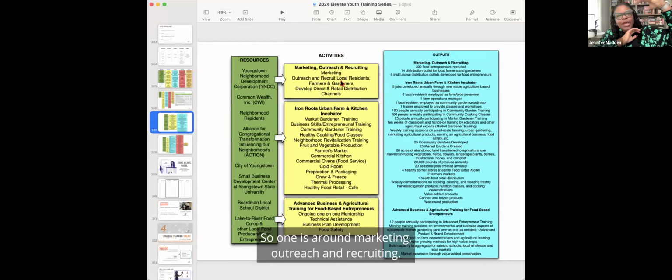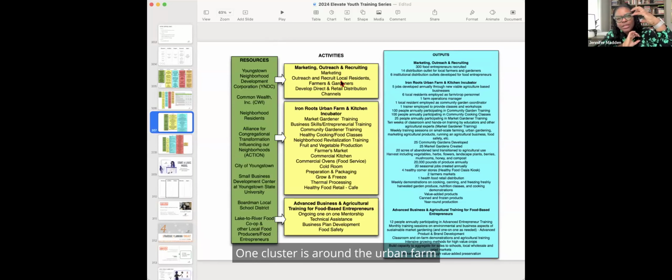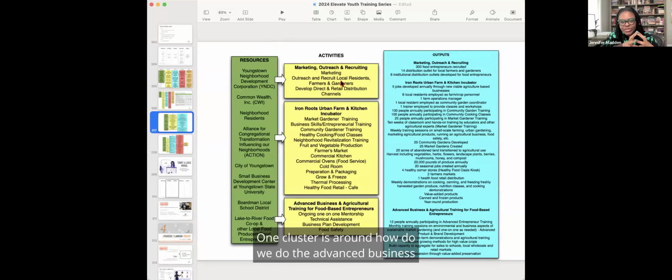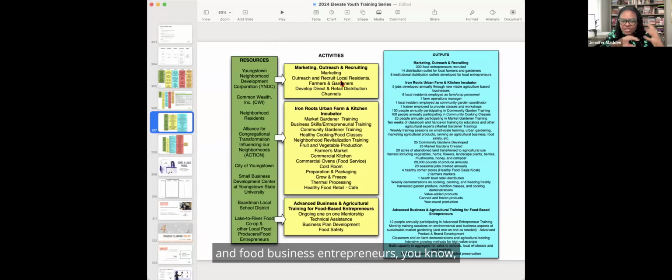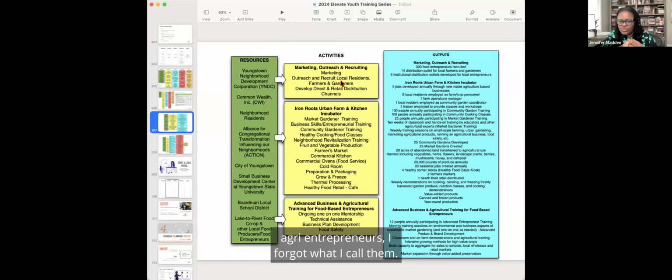So one is around marketing, outreach, and recruiting. One cluster is around the urban farm and community kitchen. One cluster is around how we do the advanced business and agri-food business entrepreneurs, agripreneurs, I forgot what I call them. And so we can also see the outputs converge, and I kept them in clusters as well.